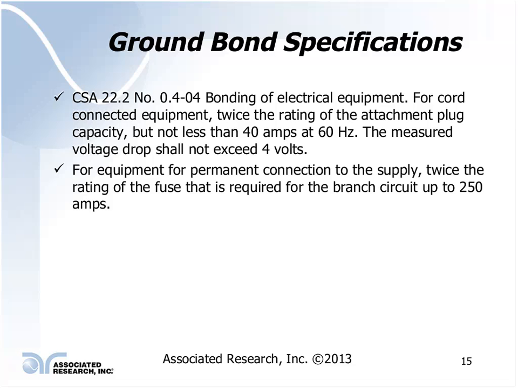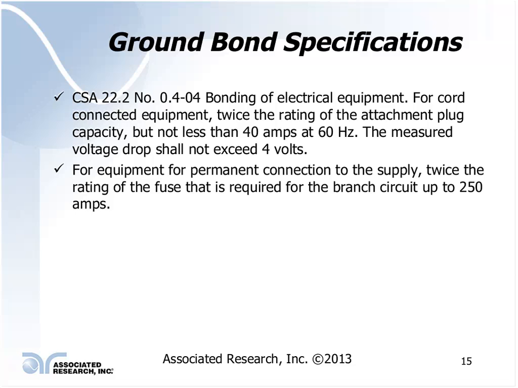A measured voltage drop shall not exceed 4 volts. And here they're telling you what the voltage drop is rather than the resistance and calculating the value. They just shortcut it and come right out and say the voltage drop shall not exceed 4 volts, based upon that current flow.